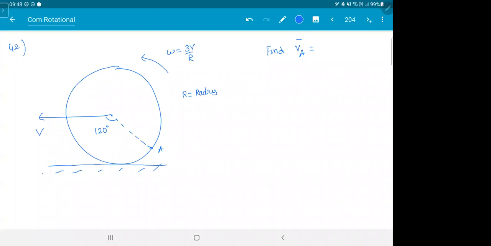Everyone solve similar question, is it? See. You get this.